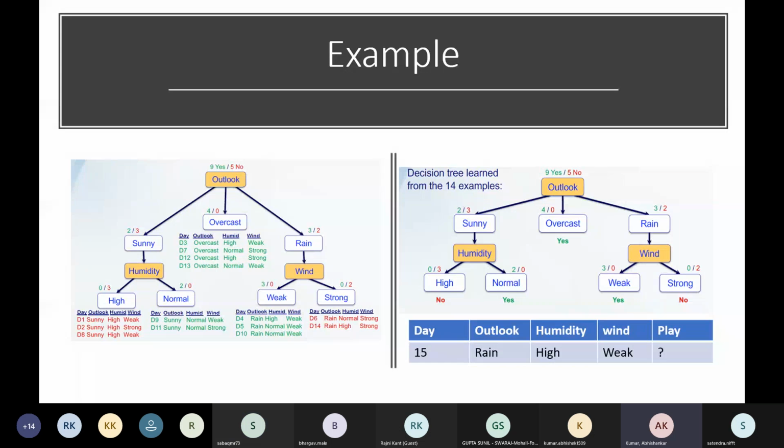Can anyone try? On the left hand side, you can see D1, D2 and D8.